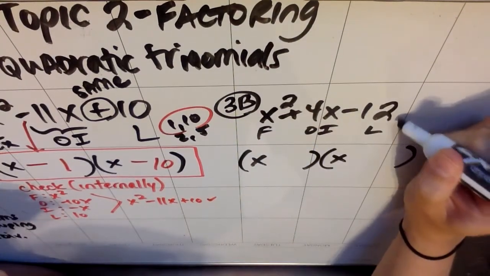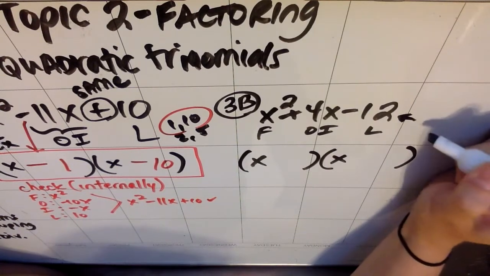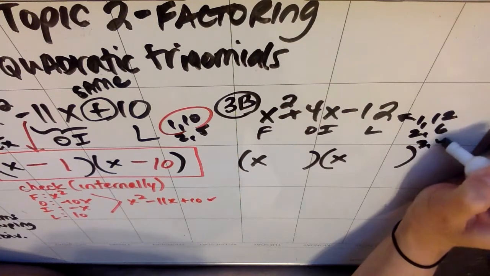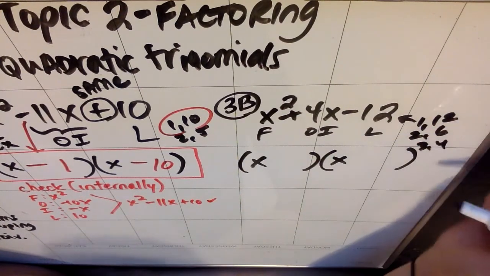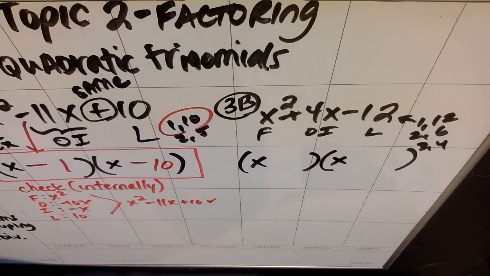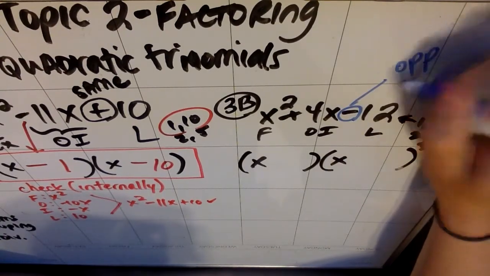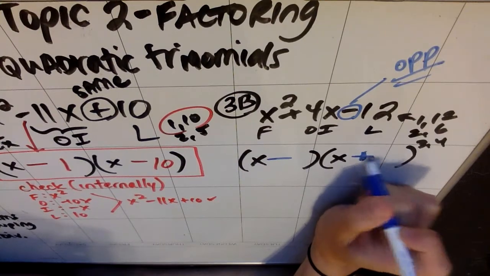Now the back seats, 12 is tricky for a bunch of reasons. Reason number one is that 12 has a bunch of factors. It could be a 1 times a 12, a 2 times a 6, or a 3 times a 4, right? I don't know which one of those three combinations it is, but it could be one of them. The other thing that makes this much harder is that this minus tells me that these things have opposite signs. So one of them is a minus and one of them is a plus.